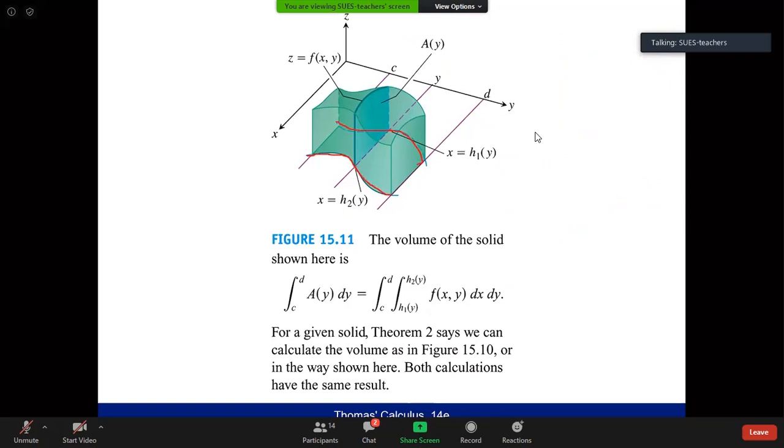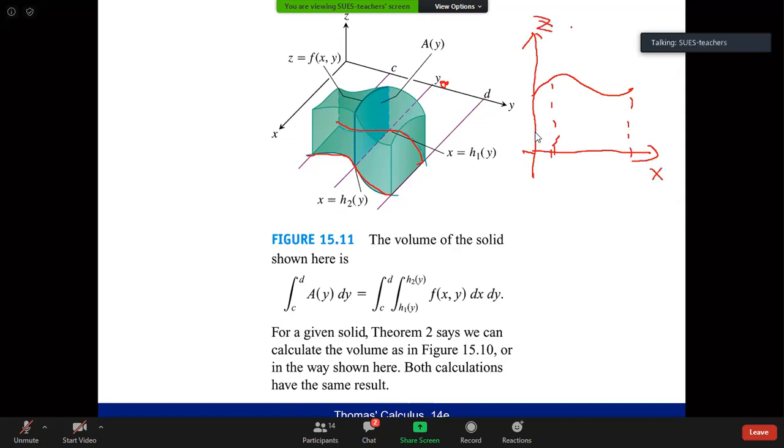So if y is y0 here, we still transfer it into the two-dimensional space. Here is y, and here is x and here is the z.